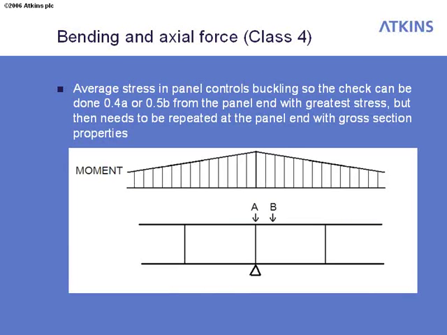It's not very likely to buckle if you've put a restraint in, such as a stiffener. So you are allowed to move a certain distance away and check the section there for the buckling. But you have to check it at section A using the gross section properties as well if you are going to use that approach, because that could potentially be slightly worse.